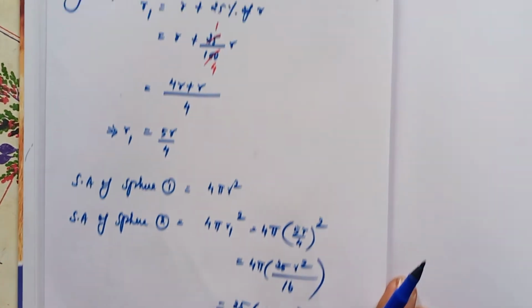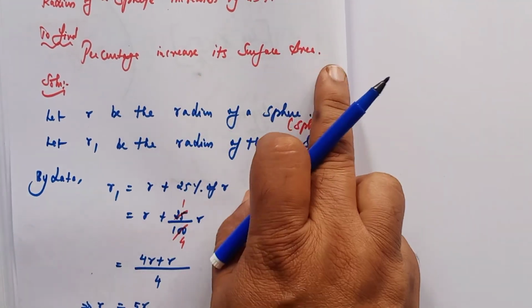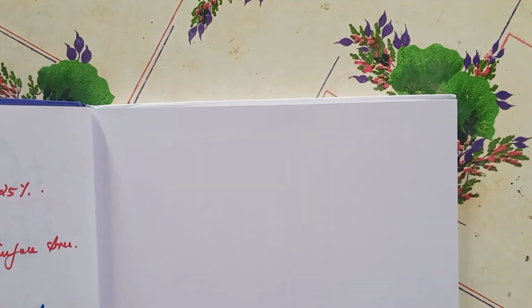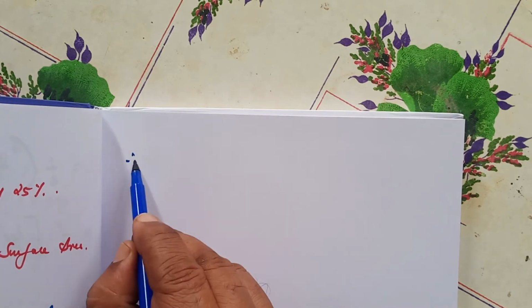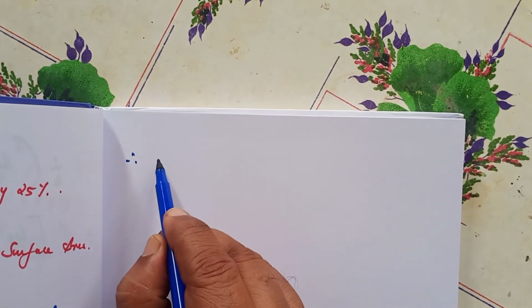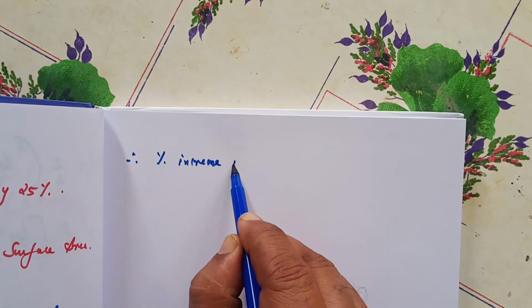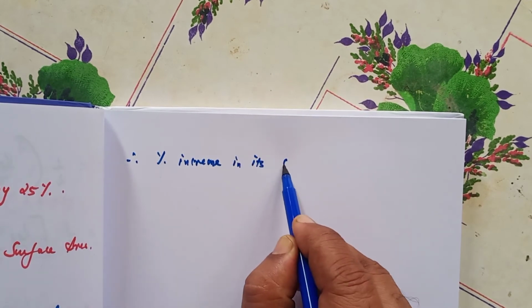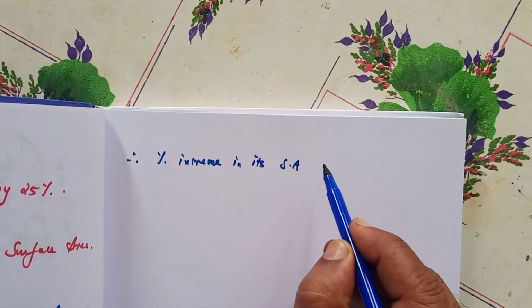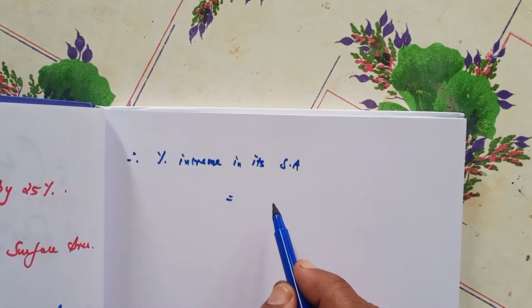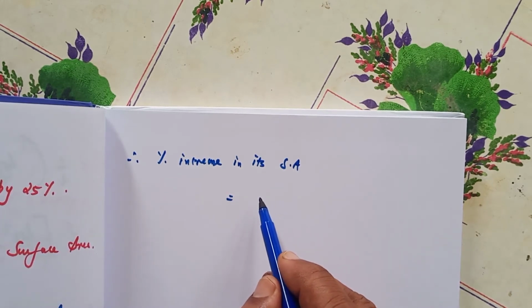Now you are asked to find out the percentage increase in its surface area. Therefore, percentage increase in its surface area is equal to the difference in surface area.